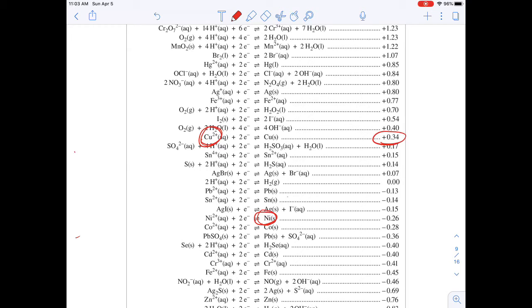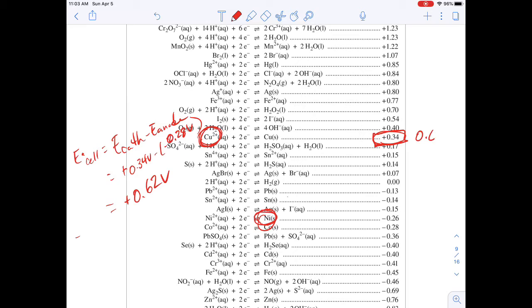Well, all I need to do is calculate the E cell equals the copper compared to the nickel. And so E cathode minus E anode equals positive 0.34 volts minus negative 0.28 volts. And my new value is going to be 0.62 volts. And so this number would no longer be 0.34, it's 0.62 volts.